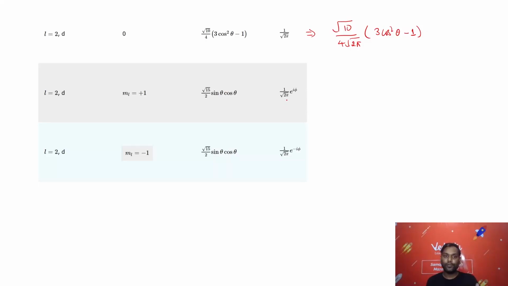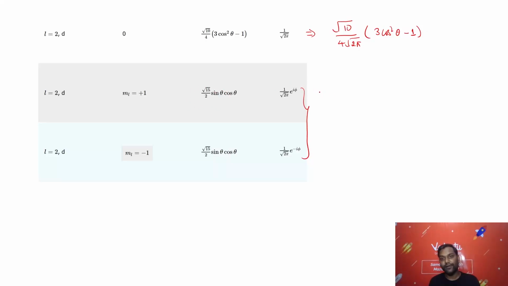One more time, for the remaining 4 d orbitals, there will be this complex part. So we will have to find the real part using those two transformations. So for plus 1, minus 1, I will be using those one time adding them, one time subtracting them, and we will get the real part, and then multiply with the p theta.